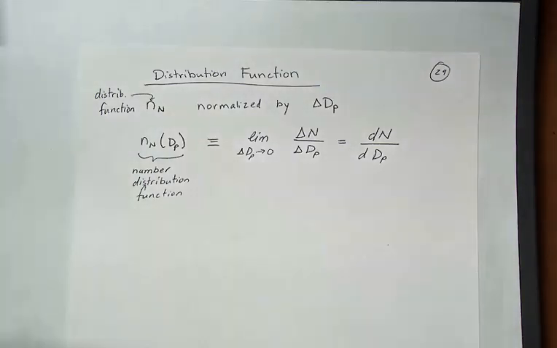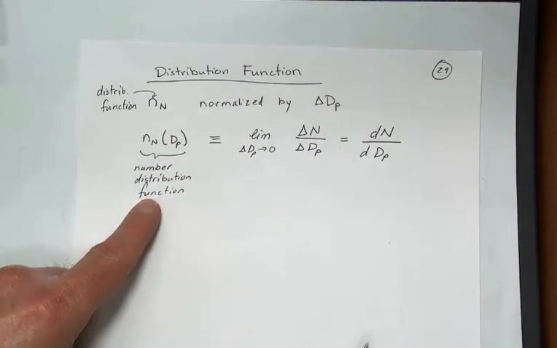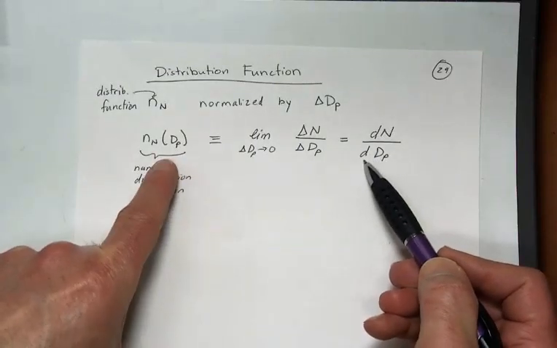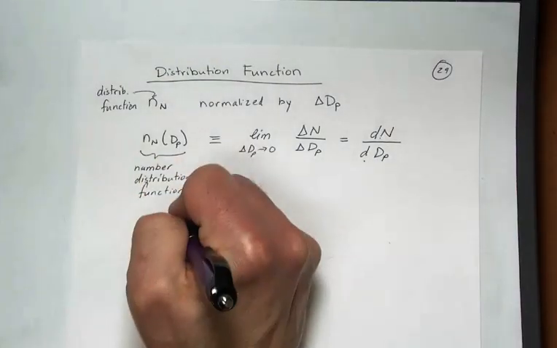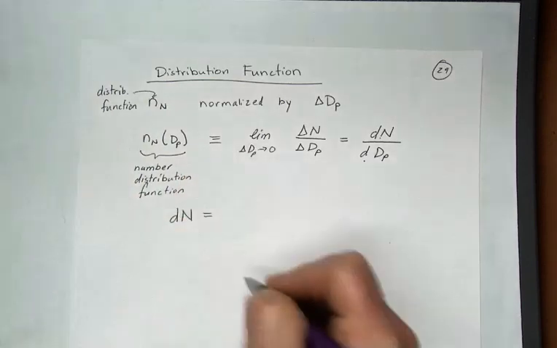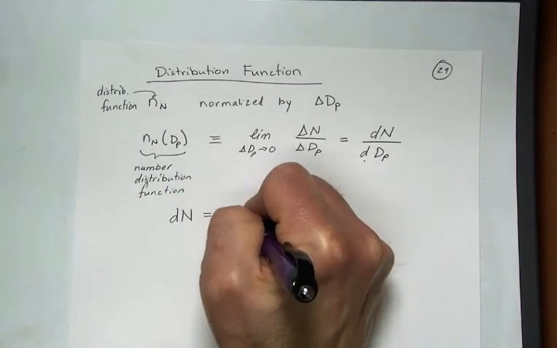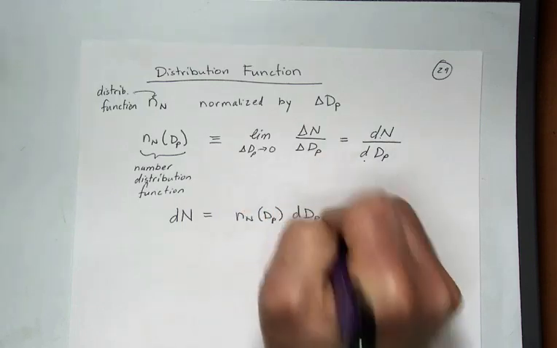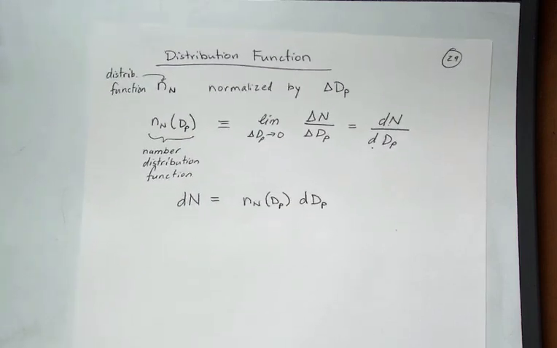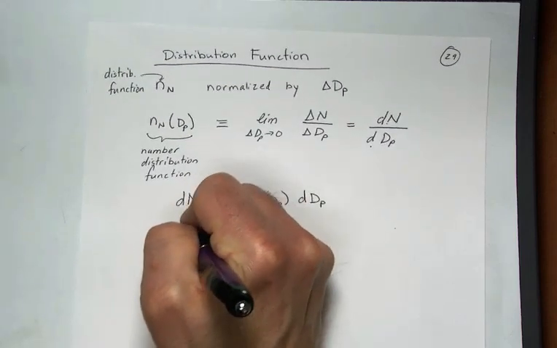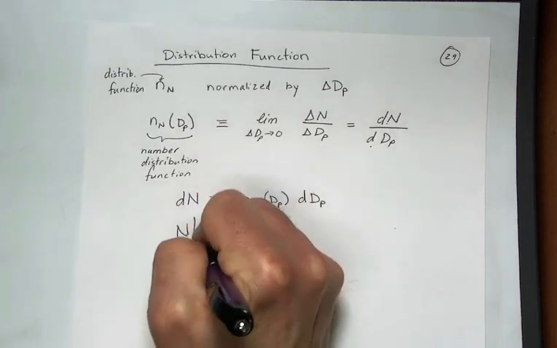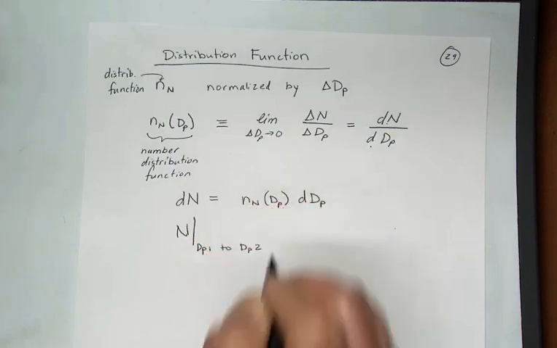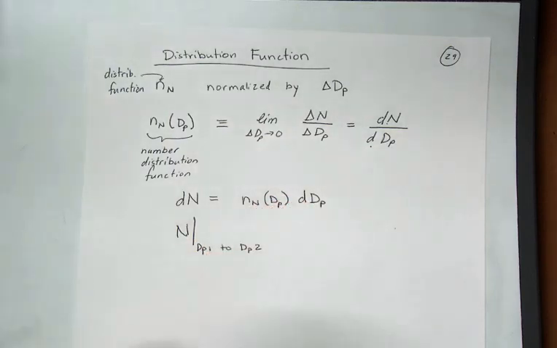So once you have this definition of the number distribution function, then I can multiply by ddp and get dN. And so we say, okay, dN is the number distribution function times the differential bin width. And then if I want to know the number of particles from size 1 to size 2, I have to integrate the distribution function.